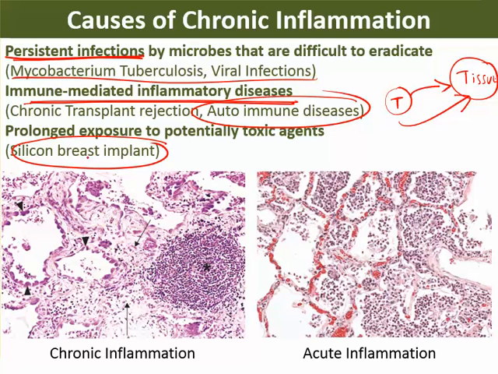When they put a silicone implant, that also creates chronic inflammation in long exposure. Any foreign substance that is there for a longer period also creates chronic inflammation. These are the major causes of chronic inflammation.